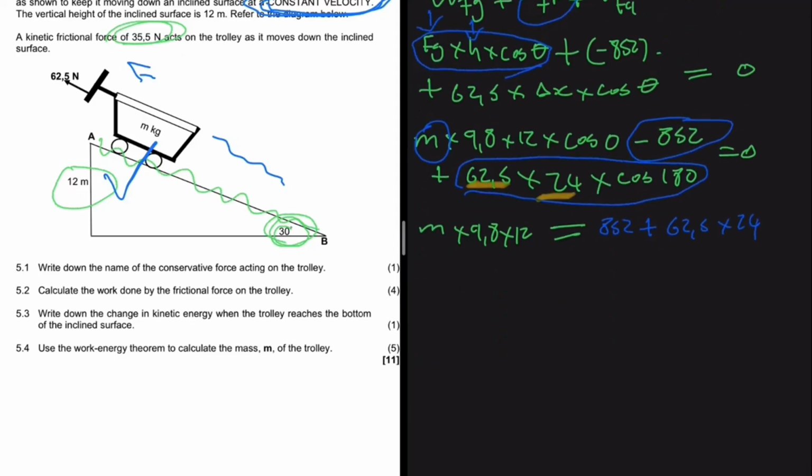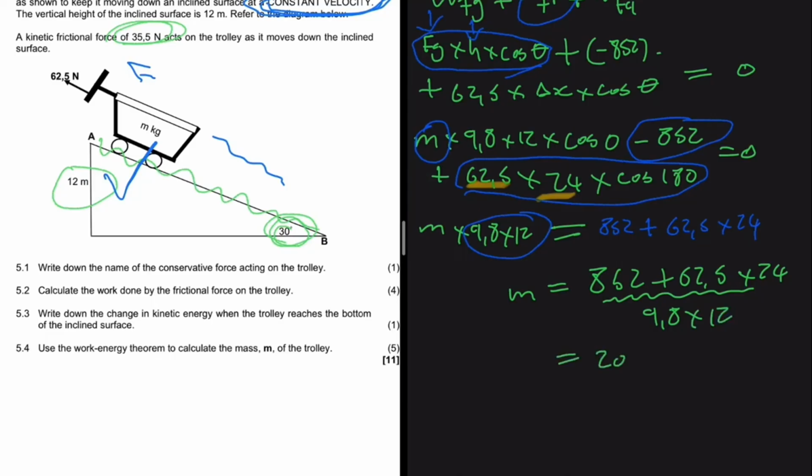We divide both sides by the coefficient of m, the mass. So the mass equals 852 plus 62.5 multiplied by 24, divided by that coefficient 9.8 multiplied by 12. And the mass is apparently 20 kg.